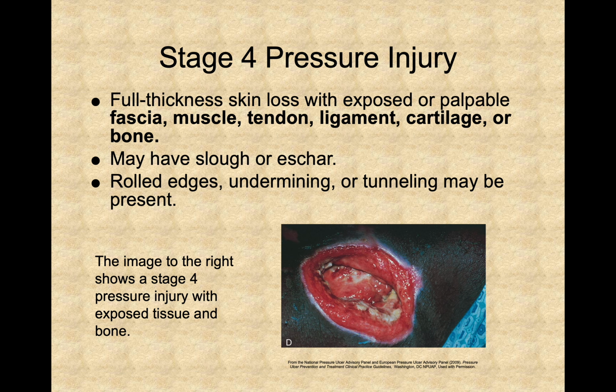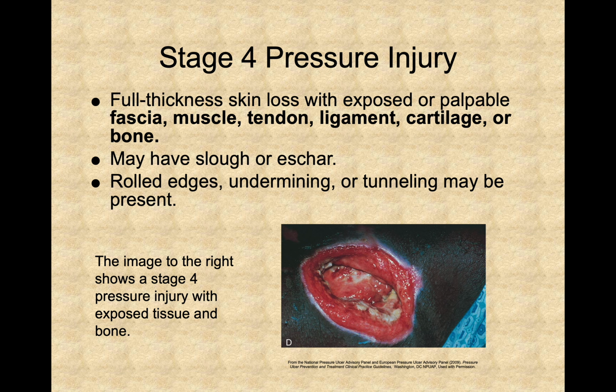Stage 4 pressure injuries is when we start to see those deeper structures, whether it's fascia, and remember that's that fibrous connective tissue that encapsulates all of our muscles. We might see muscle, tendon, maybe even all the way down to the bone. Again, these can have non-viable tissue obscuring the bed of the wound.